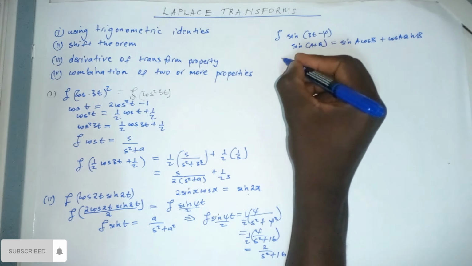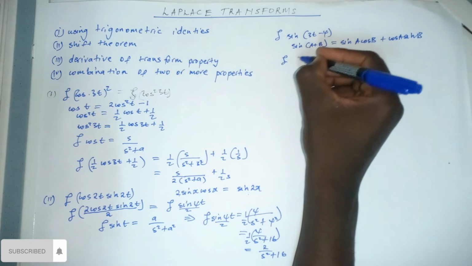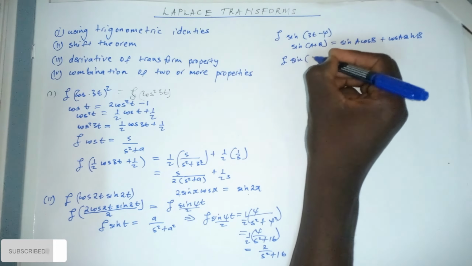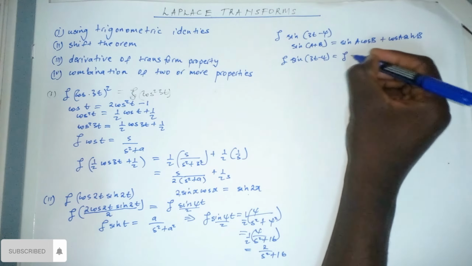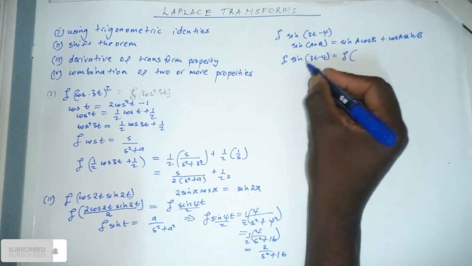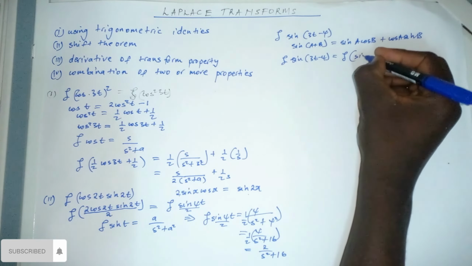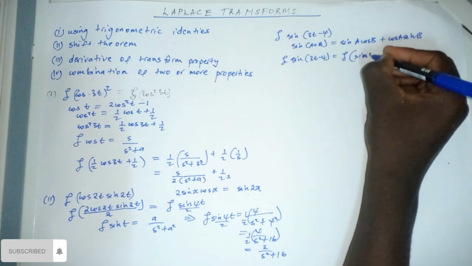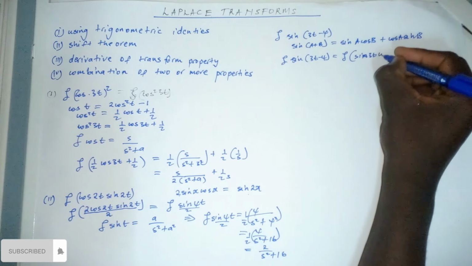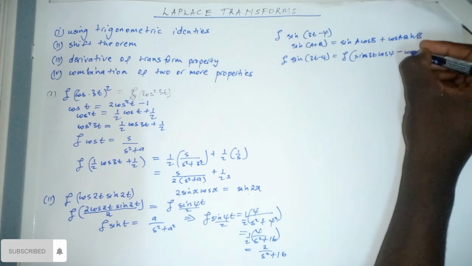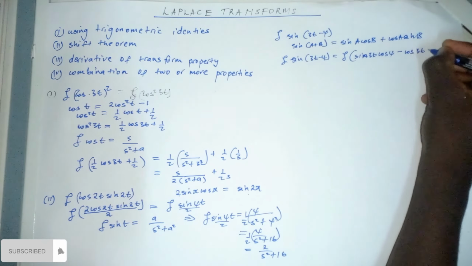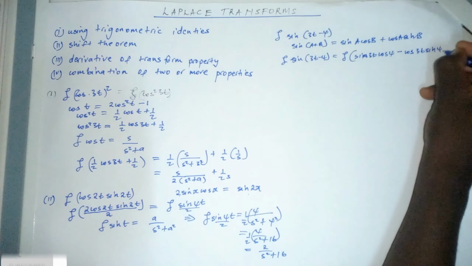So I'm going to write here the Laplace transform of sine 3t minus 4 is going to be the Laplace transform of sine 3t cos 4 minus cos 3t sine 4.